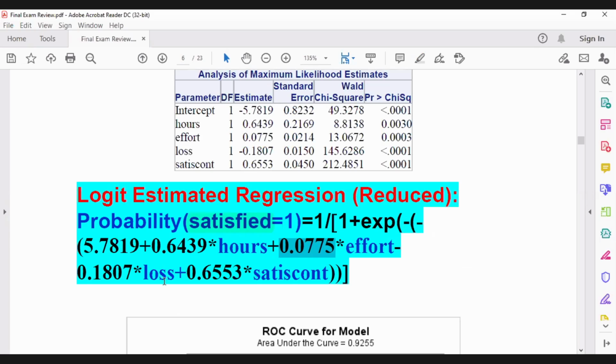A one unit increase in loss will yield an increase in log odds by 0.1807. And finally, a one unit increase in satiscounts will yield an increase in log odds by 0.6553.